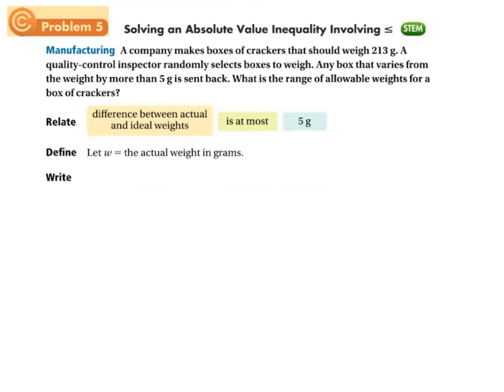And how do we write it? If we take the difference between the weight and the cracker box ideal weight, it could be positive or negative 5 depending on whether this was larger or smaller. So that absolute value has to be less than 5 grams, or it could be equal to 5 grams, just not above.